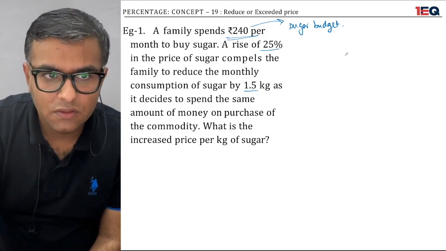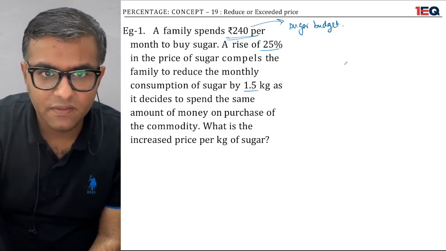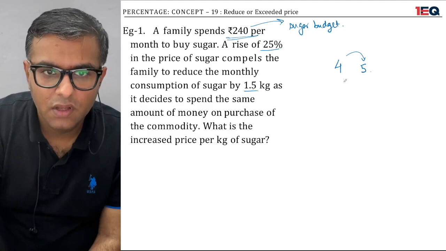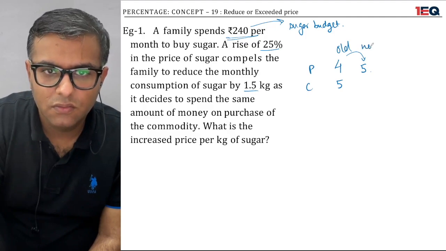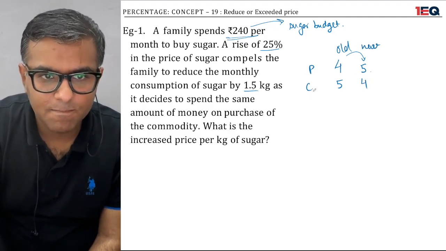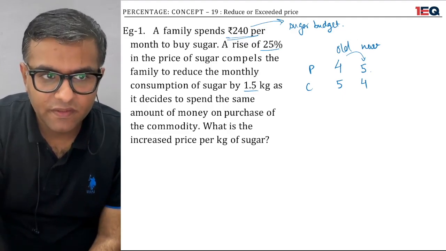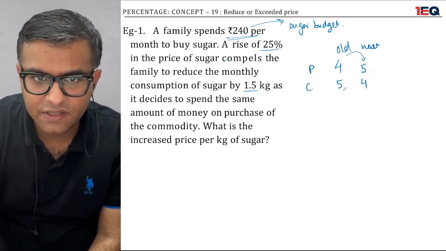Okay, so just look at it. There is an increase of price which is 25%. So it was 4 in the past, now it has become 5. The consumption was 5 in the past. This is the price, this is the consumption, this is old, this is new. The rise of 25% in the sugar price compels the family to reduce the monthly consumption by 1.5 kgs.